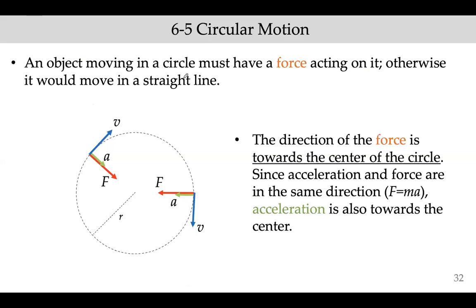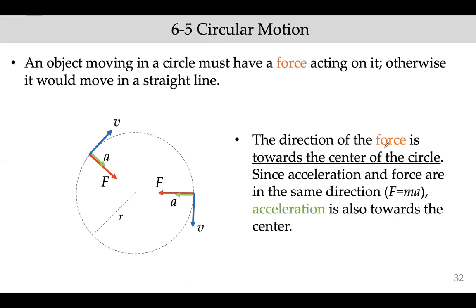So an object moving in a circle must have a force acting on it, otherwise it will move in a straight line. We already saw that. So the direction of the force is towards the center of the circle. If this is some object going in circles, it could be Earth around the sun, the moon around the Earth, a car going in a circle like this, or any other object, such as a toy train connected to a string.